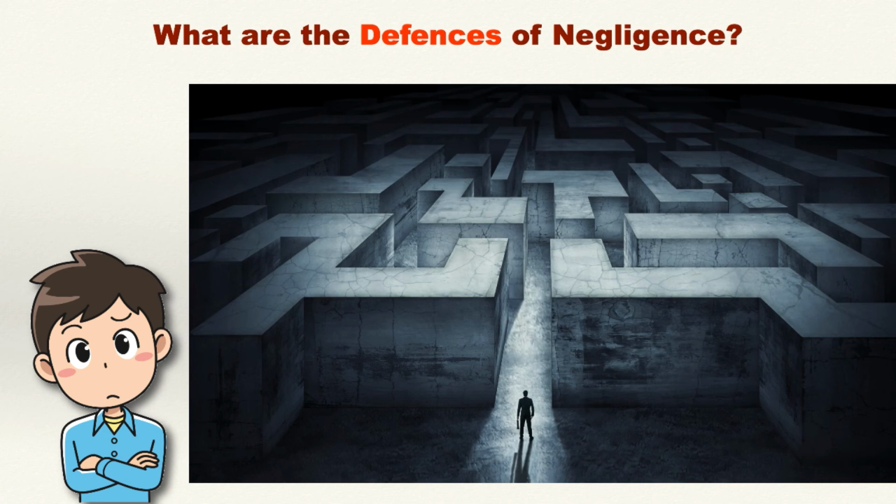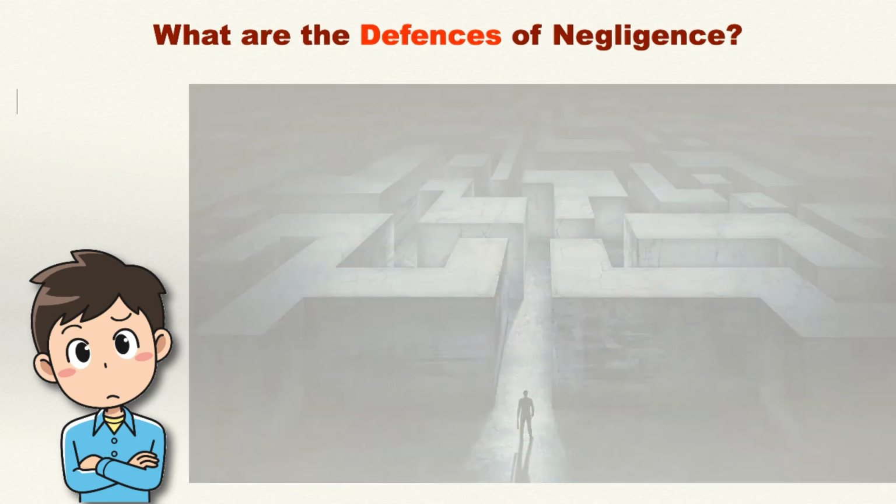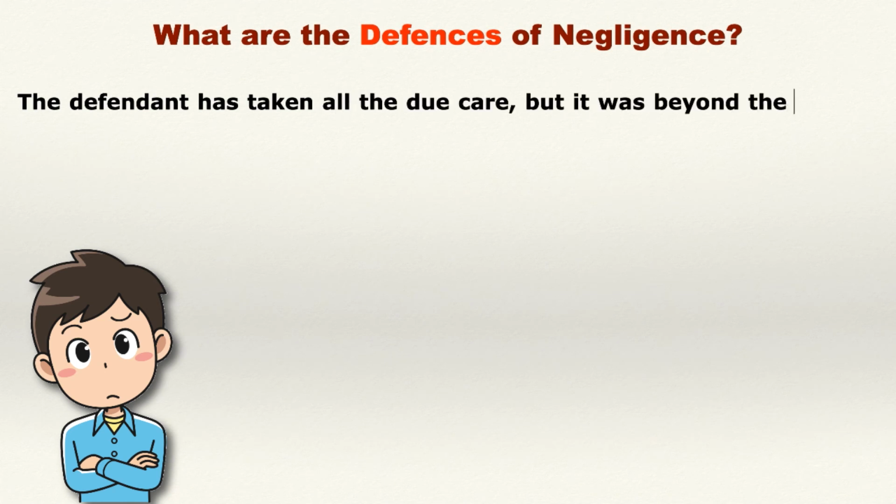So, let's check out what those conditions are. The first one is that the defendant has taken all the due care, but it was beyond the control of any common person. So, if something happened, you have taken all the due care, but the situation was beyond your control, or any person cannot control that situation in normal circumstances, then you won't be liable.